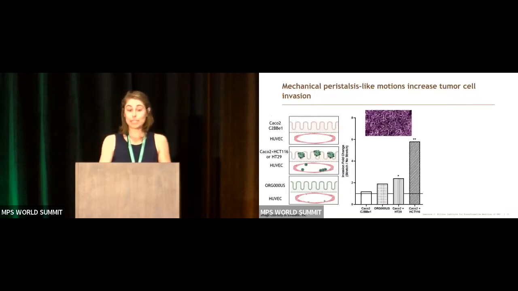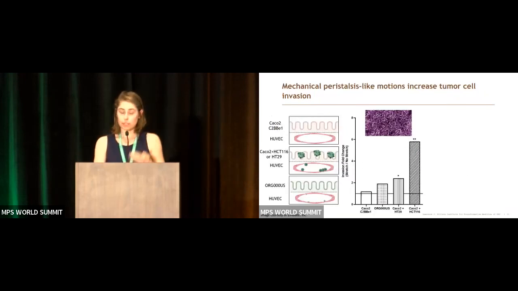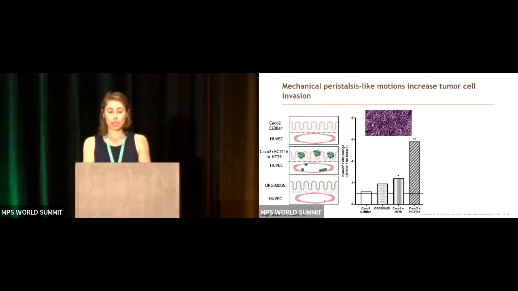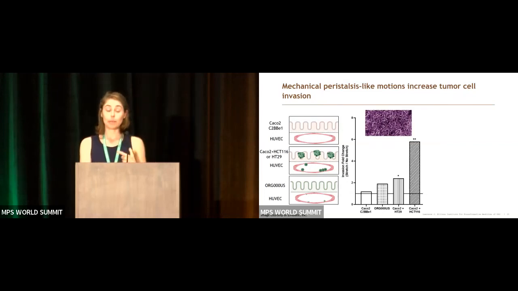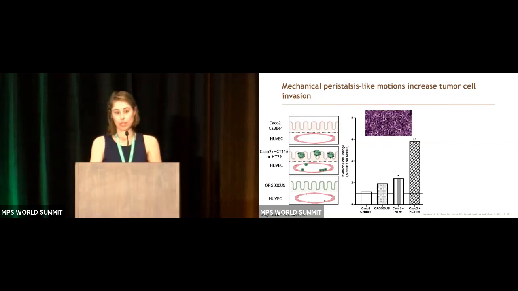One of the first things that we did was look at the invasion, how these tumor cells are invading over time in the course of my experiment. I'm looking at the invasion fold change here, comparing stretch conditions and not stretch conditions. Those last 2 bars are my colon cancer chips. You can see there's a 6-fold increase in invasion when the peristalsis motions are applied to these HCT116 chips.